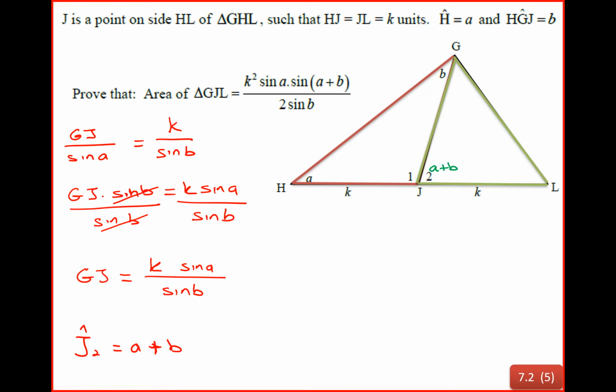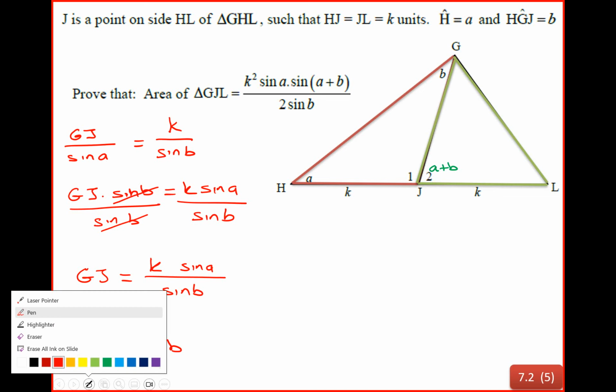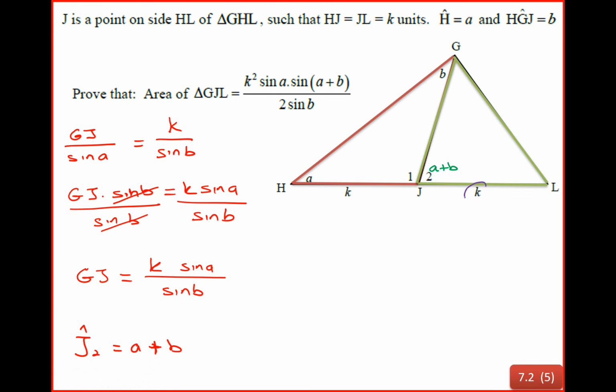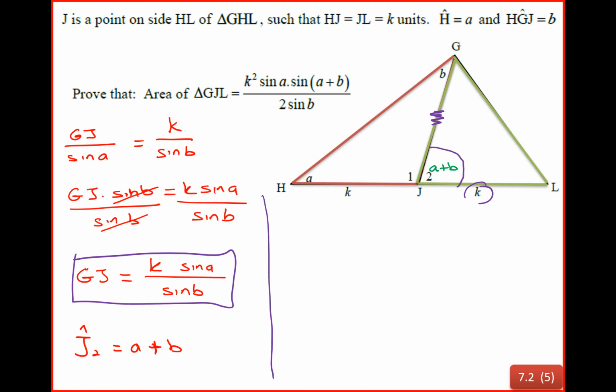And to use the area rule, we need two given sides and an included angle. So looking at my diagram, we know that side JL is K. We just worked out GJ in terms of K and sine, and we've got the angle in between. We can now use our area rule.